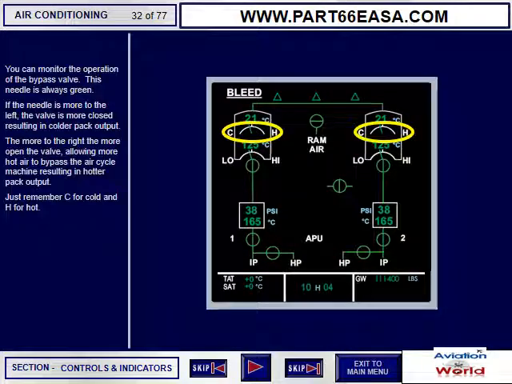You can monitor the operation of the bypass valve. This needle is always green. If the needle is more to the left, the valve is more closed, resulting in colder pack output. The more to the right, the more open the valve, allowing more hot air to bypass the air cycle machine, resulting in hotter pack output. Just remember C for cold and H for hot.